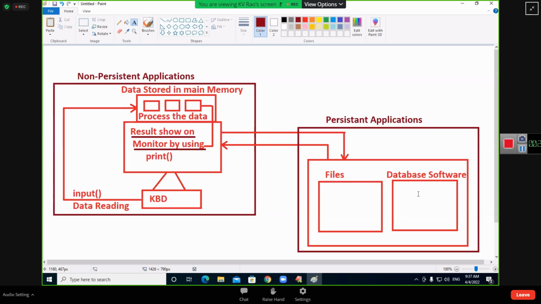Non-persistent. Persistent means the moment I do the transaction, the transaction details are stored permanently either in the form of file or in the form of database. So how many types of applications? Two types. One is non-persistent applications. Good. So what is the meaning of persistency? To store the data permanently.